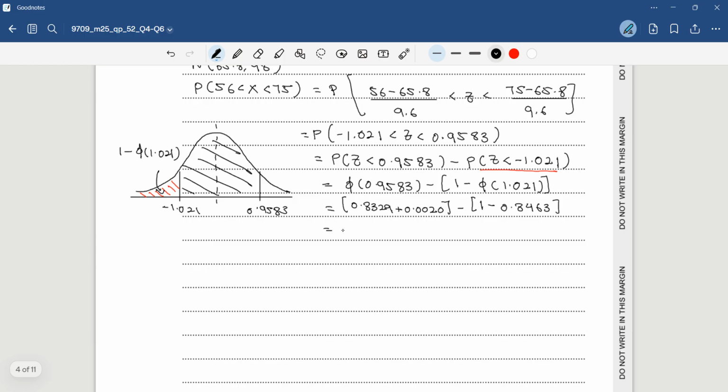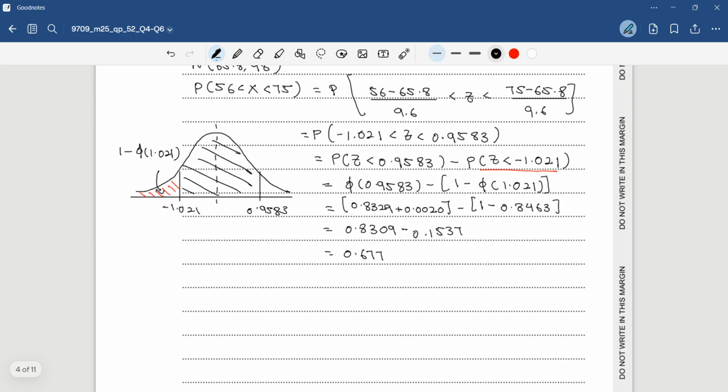Okay, so it's going to be 0.8309 minus 0.1537, so get the answer as 0.677.